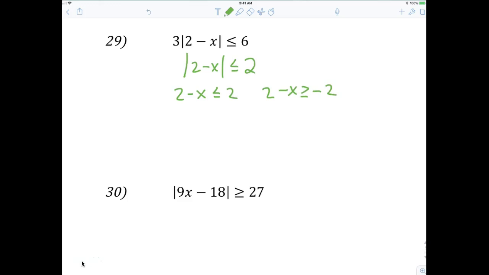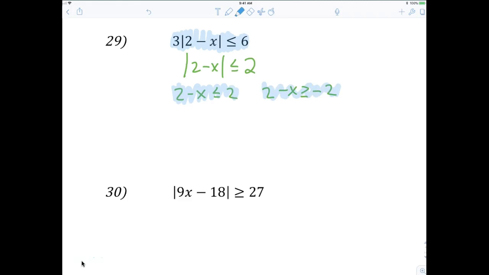Is everybody with me? So again, you have to think back a couple days. We were doing absolute value inequalities. Because it's an absolute value inequality, you have to write it out as less than, or you have to write it out as greater than. All right?